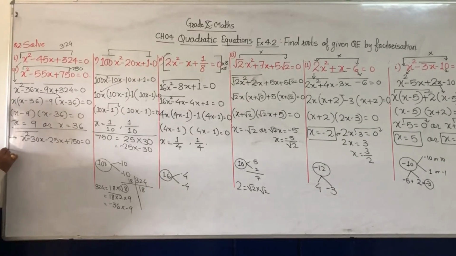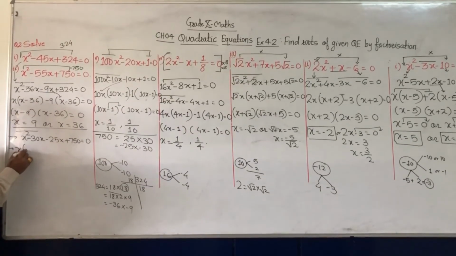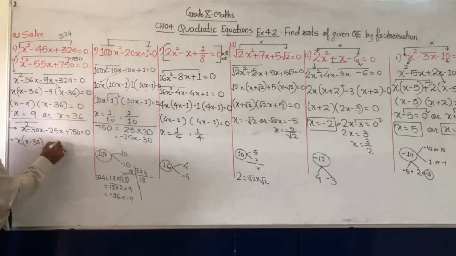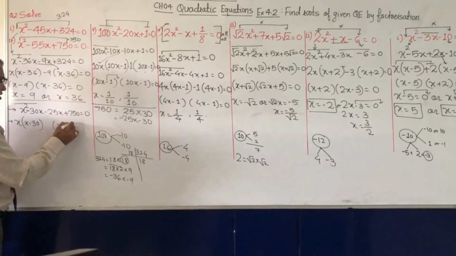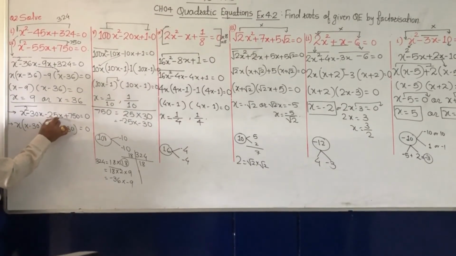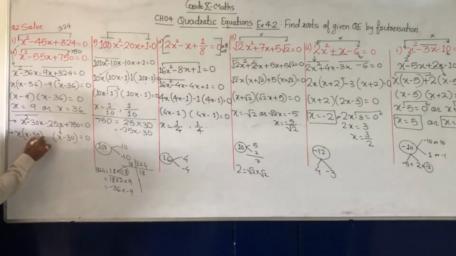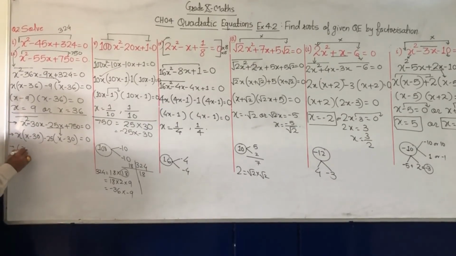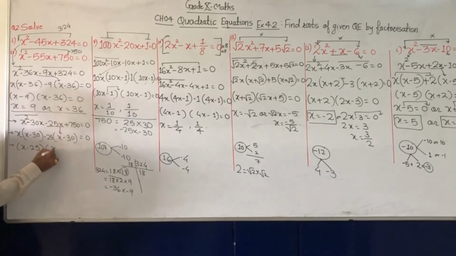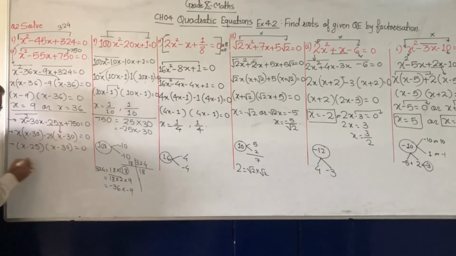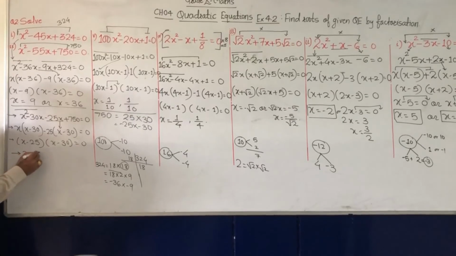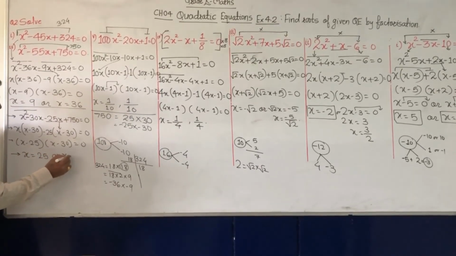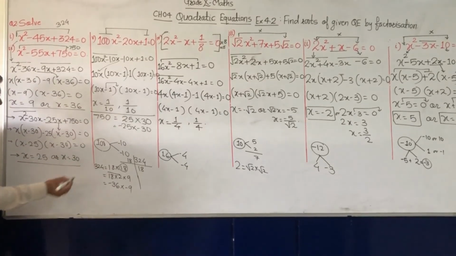Common from this will come x, then x minus 30. The same bracket will repeat again, and from this, x is here, what remains is minus 25. Hence x is equal to 25 or x is equal to 30.